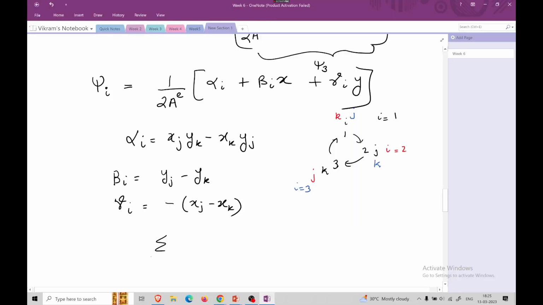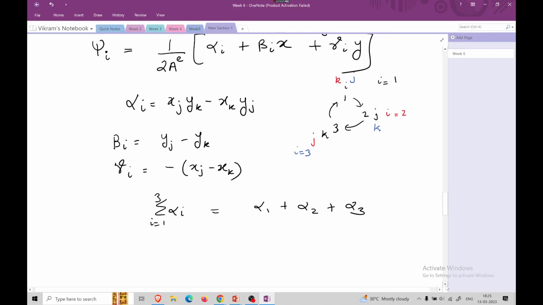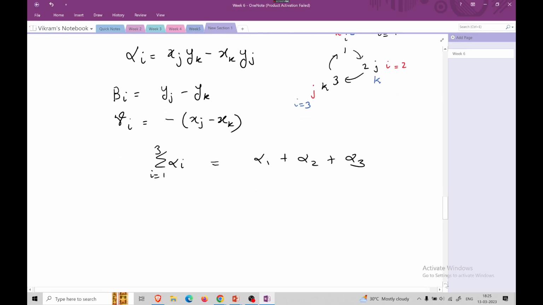The sum of alpha I is nothing but alpha 1 plus alpha 2 plus alpha 3. Okay. So what is alpha 1 plus alpha 2 plus alpha 3? Alpha 1 is nothing but x2 y3 minus x3 y2, plus alpha 2 is x3 y1 minus x1 y3, plus x1 y2 minus x2 y1. So what is this value?